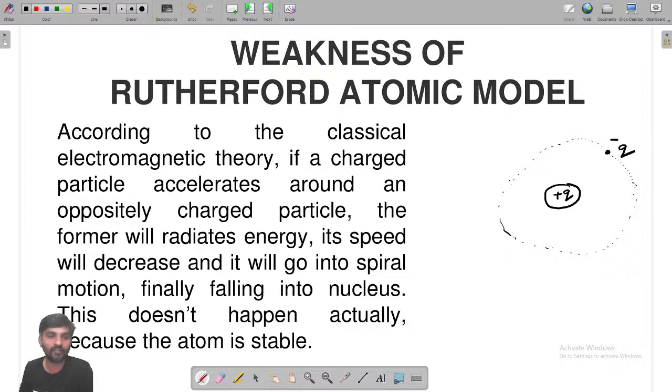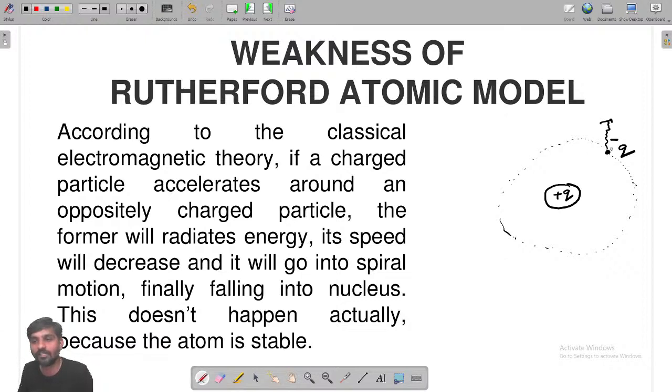So what happens, sir? When an oppositely charged particle is revolving around, accelerating around an oppositely charged particle, the former will radiate energy. This electron will start radiating energy. When the electron radiates energy, it loses its energy. Yes or no? When it loses the energy, slowly it comes down.